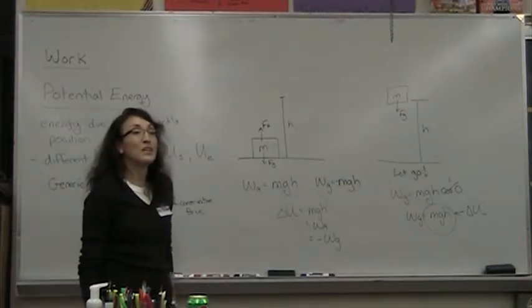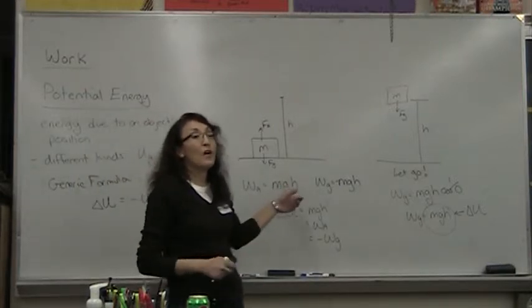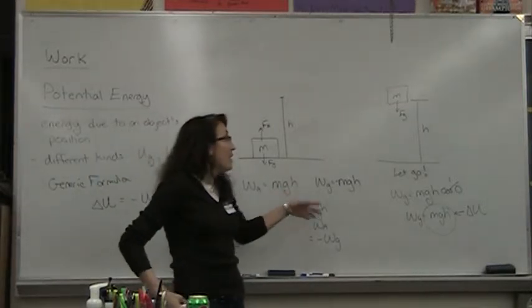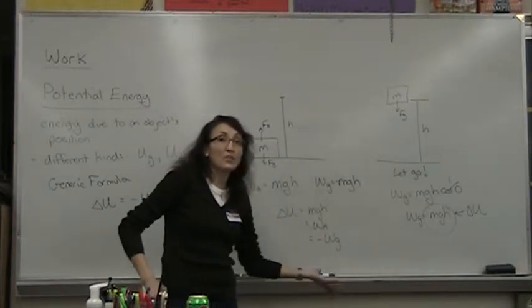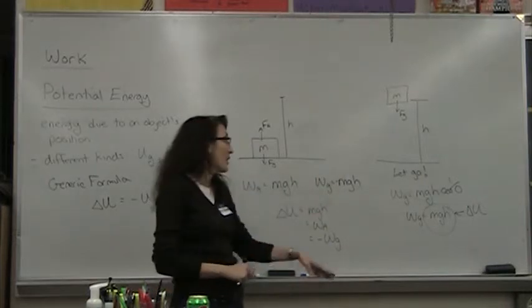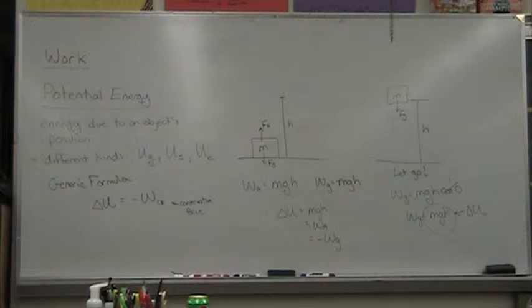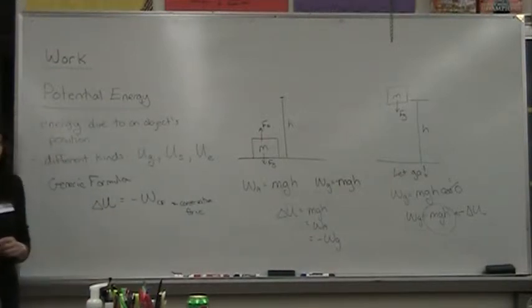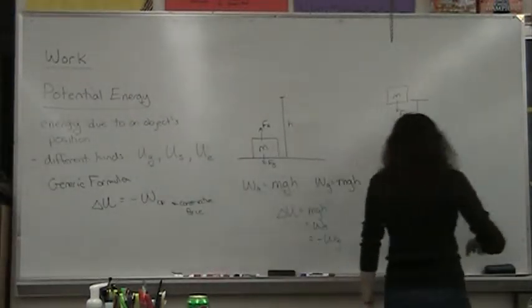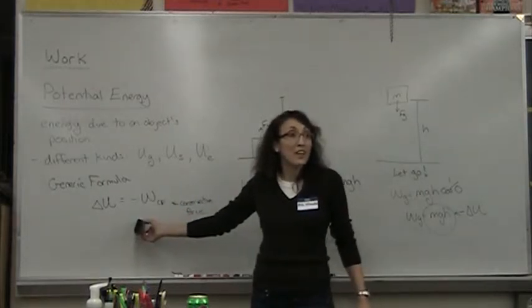So basically, I moved it, I changed its position, gravity fought me on it, and now if I let go, it's going to go back to where it came from, and gravity's going to do all that work to get it back to where it came from, and it's going to basically then get kinetic energy from that. So this is our generic formula for the potential energy function. And you can use that to figure out the potential energy associated with anything.